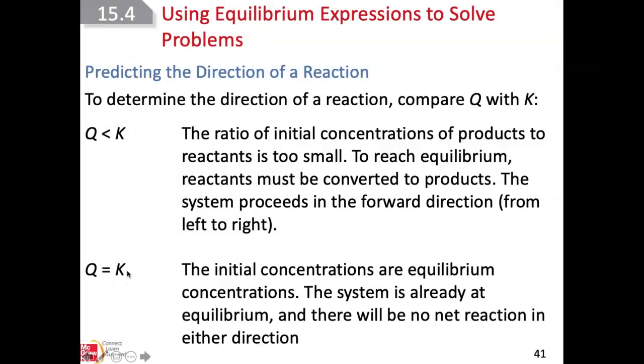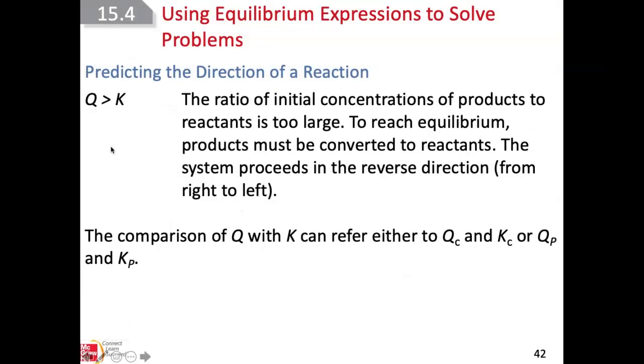When Q is equal to K, that means the system is already at equilibrium, and those concentrations are equilibrium concentrations. So there is no net reaction in either direction. And when Q is greater than K, then the ratio of the concentrations of products to reactants is too large.